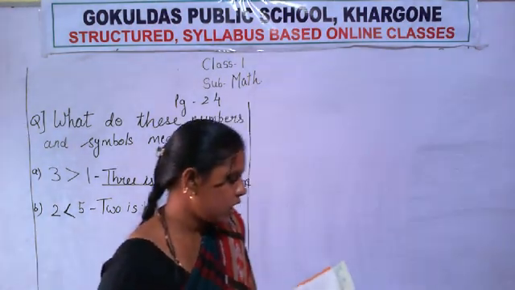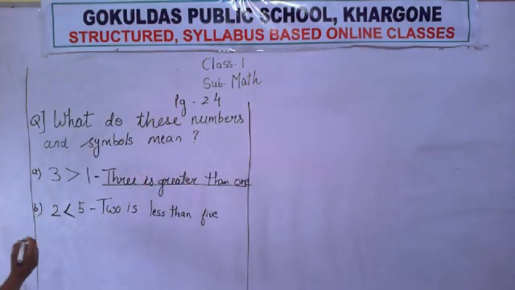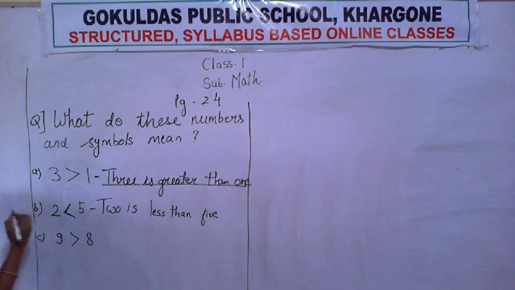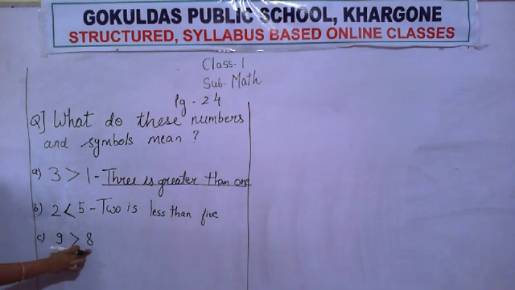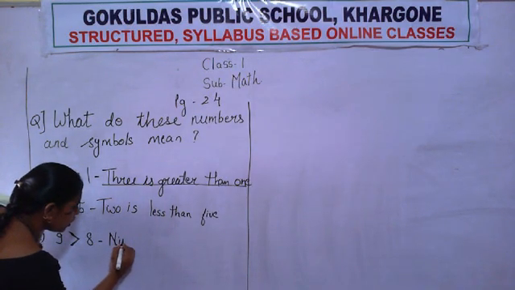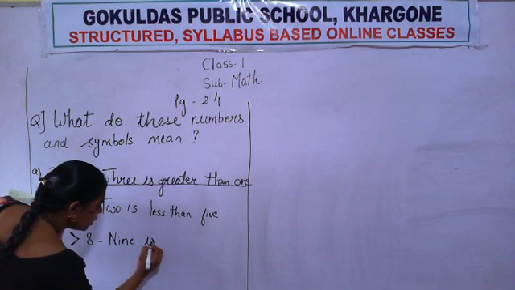Now see C. 9, then the symbol, then 8. So 9 and 8. 9 is greater. This is the sign of greater than. So what is written here? 9 is.